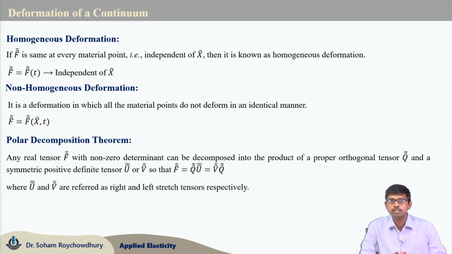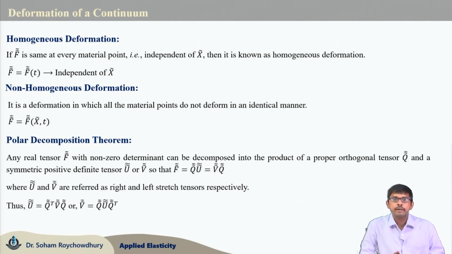Q is responsible for rotation of the body, whereas U or V is responsible for the stretching, the change of shape of the body. So, the total deformation can have first stretching followed by rotation. It can also have first rotation followed by stretching or change in shape. That is the physical significance of the polar decomposition theorem.